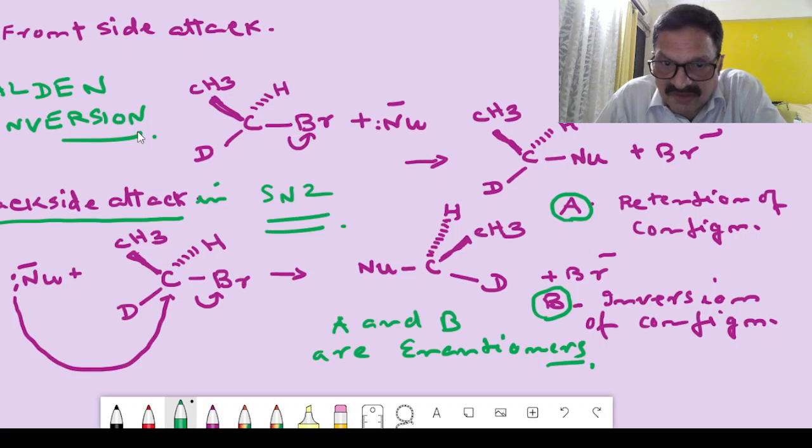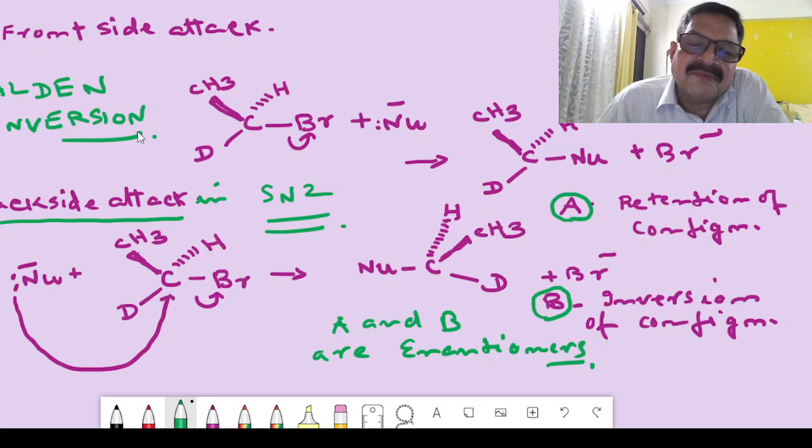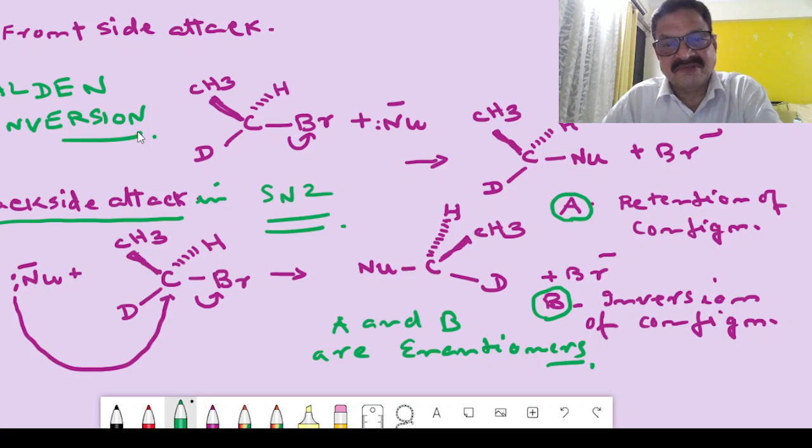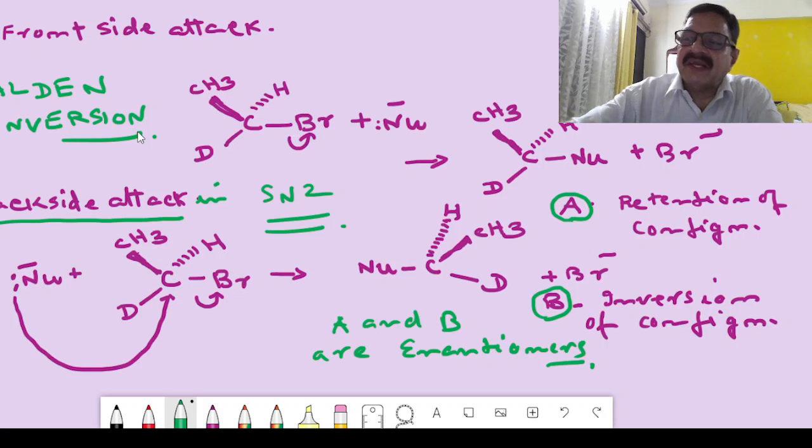All SN2 reactions proceed with a backside attack of the nucleophile, resulting in inversion of configuration at the stereogenic center. Now this change can be observed only when the leaving group is bonded to a stereogenic center. Otherwise, it is difficult to find out all these configuration changes.